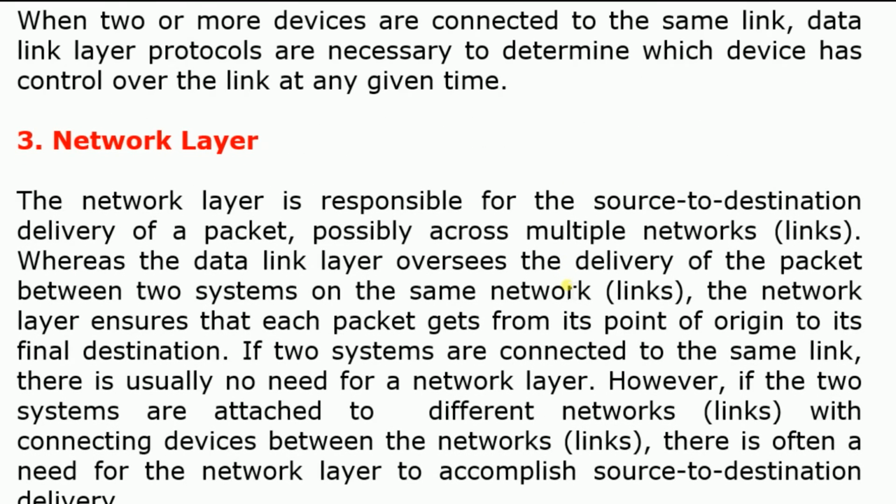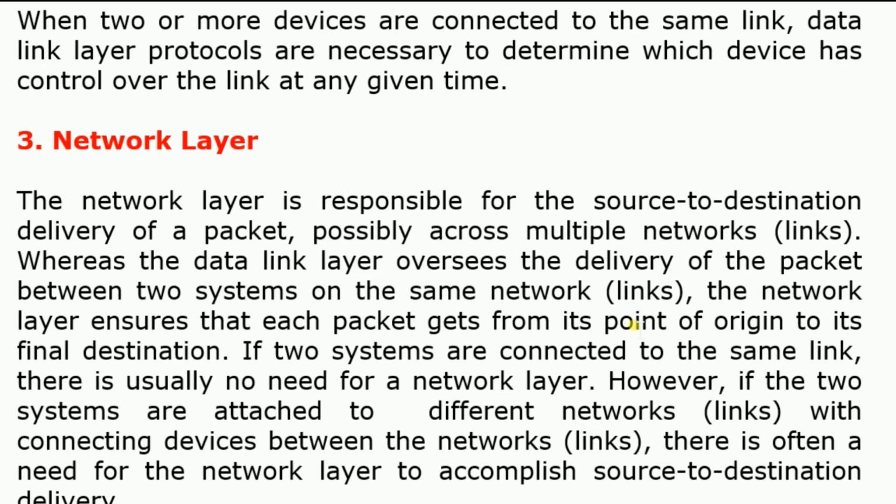And the network layer, that is the third one, is responsible for the source to destination delivery of a packet, possibly across multiple networks, whereas the data link layer oversees the delivery of the packet between two systems on the same network.